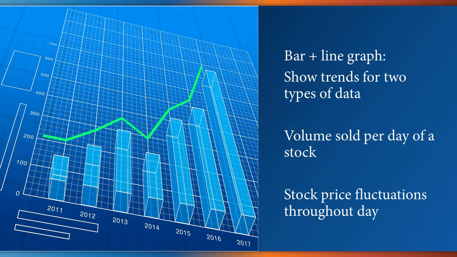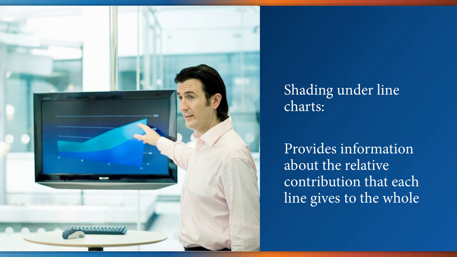When you can combine a line graph with bar charts, a bar chart indicating the volume sold per day of a given stock, combined with a line graph of the corresponding stock price, can provide visual cues for further investigation. When it makes sense to shade the area under lines. When you have two or more line charts, fill the space under the respective chart to create an area chart. This can inform a viewer about the relative contribution that line contributes to the whole.